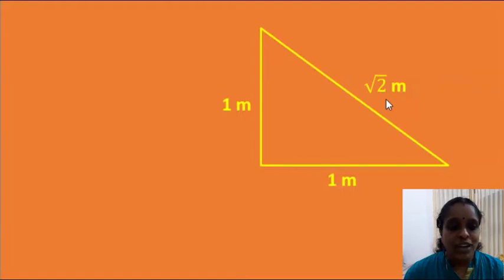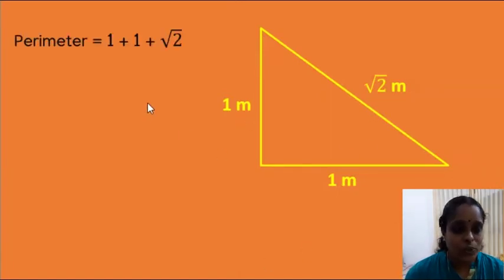Now I am going to find the perimeter of this triangle. You know that the perimeter is the total lengths of sides of this triangle. So we can say that the perimeter is 1 plus 1 plus root 2. That is, perimeter is equal to 1 plus 1 plus root 2. That's equal to 1 plus 1 is 2.